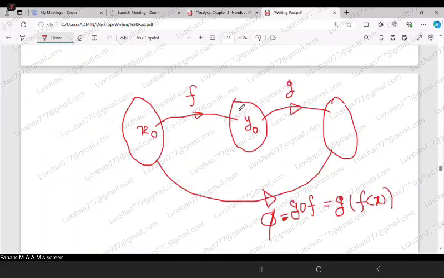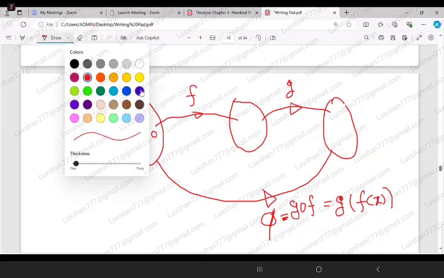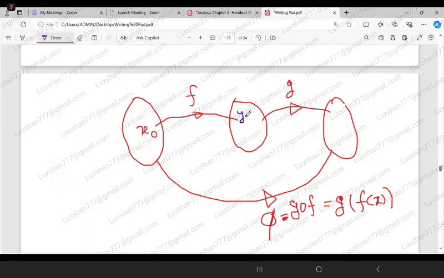So y naught is actually equal to f of x naught. That means the image of x naught is equal to y naught.